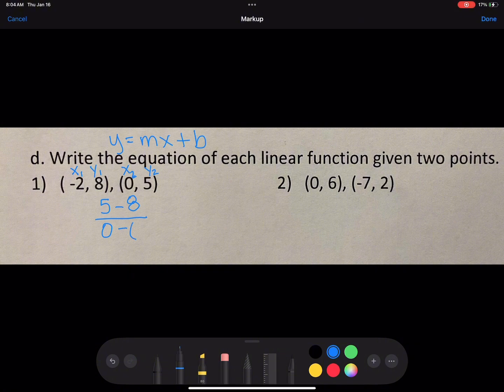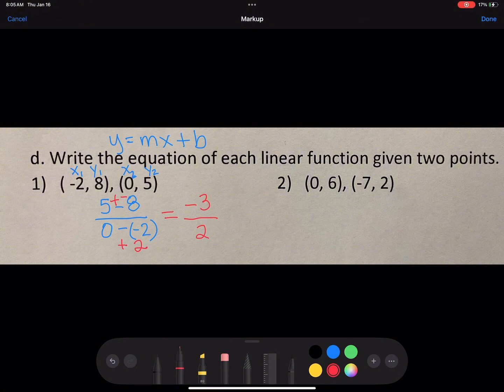Now my x2 value minus my x1 value, which is -2. But remember, when we see negatives, we need to start writing them as adding the opposite. So in this case, I'd be adding +2. And up here, I'm adding a -8, which gives me -3 over +2.